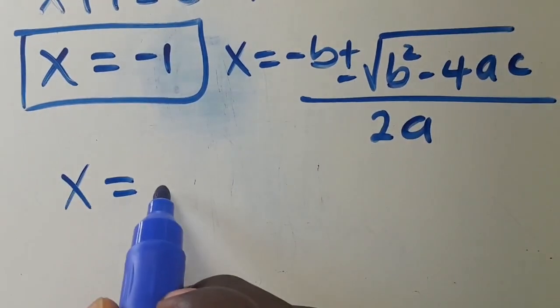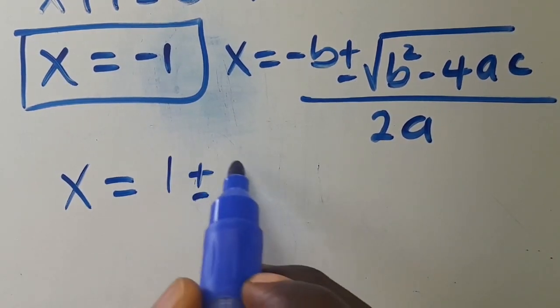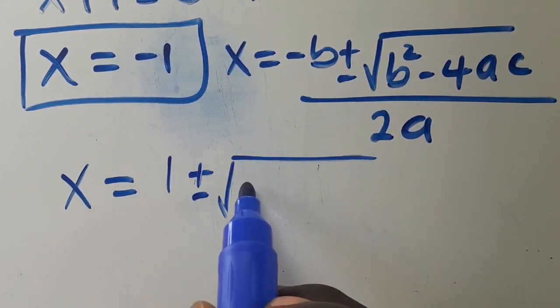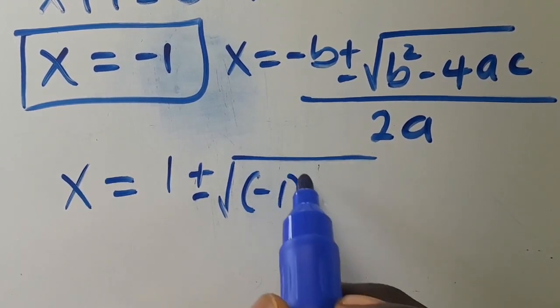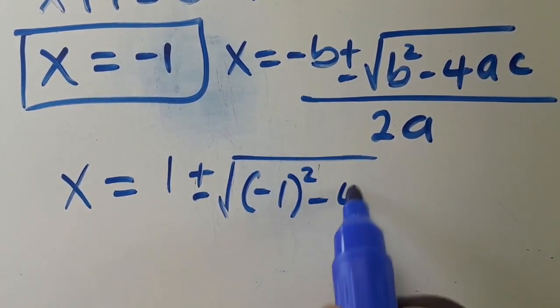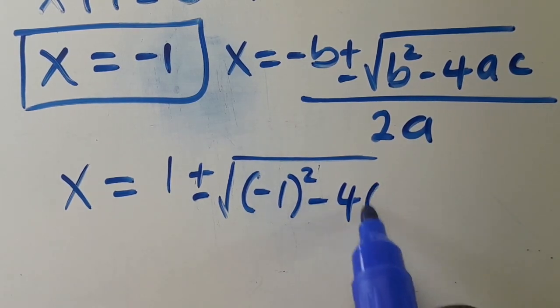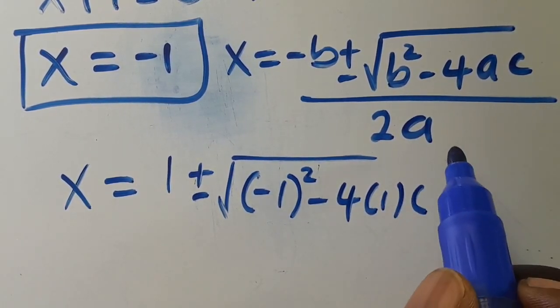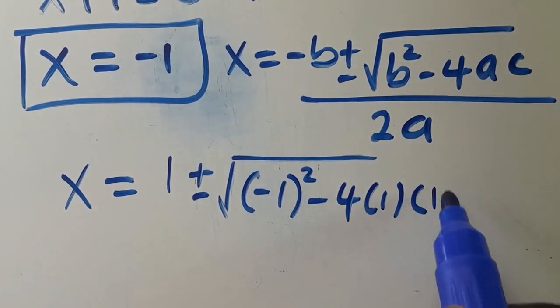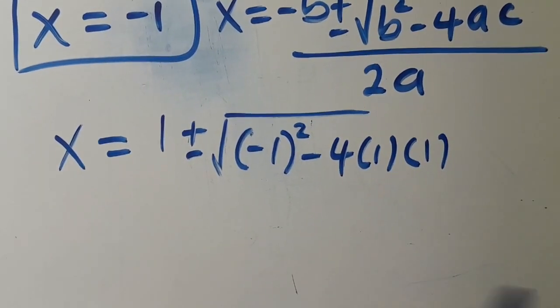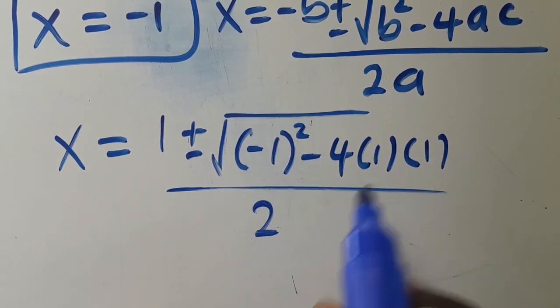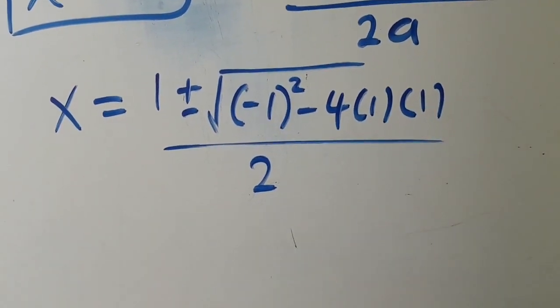So by plugging everything in, we have x equals: here is already minus b, which is 1, positive or negative, roots of minus 1 in bracket squared, minus 4 multiplied by a, which is 1, multiplied by c, which is 1. Then divided by 2 multiplied by a, which is 1, so we have 2.